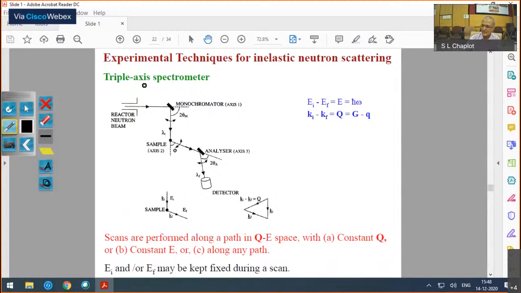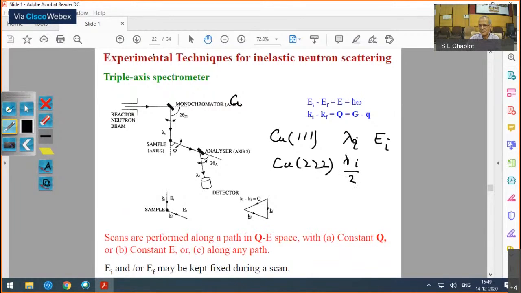Suppose my monochromator is copper and the plane is 111, and at a certain Bragg angle, it gives you a certain wavelength lambda I, corresponding to energy EI. But when I'm setting this, copper 222 also reflects, and at the same angle it will give a wavelength which is half.